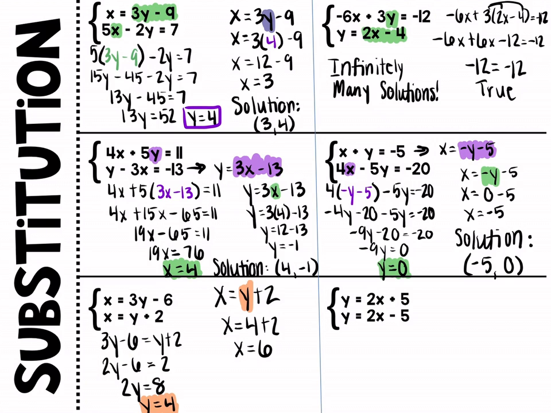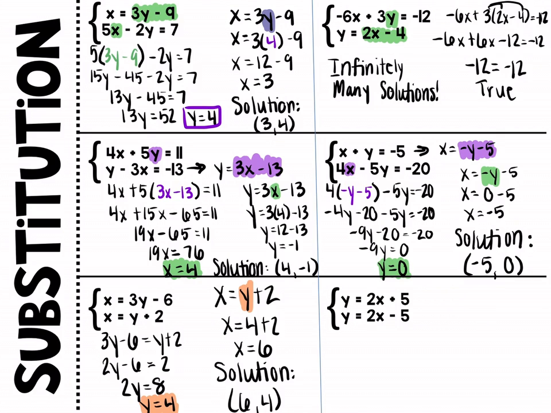So my solution is going to be 6, 4. So we could label this system as consistent and independent. There is one solution to this system, and because it has a solution, it's consistent.